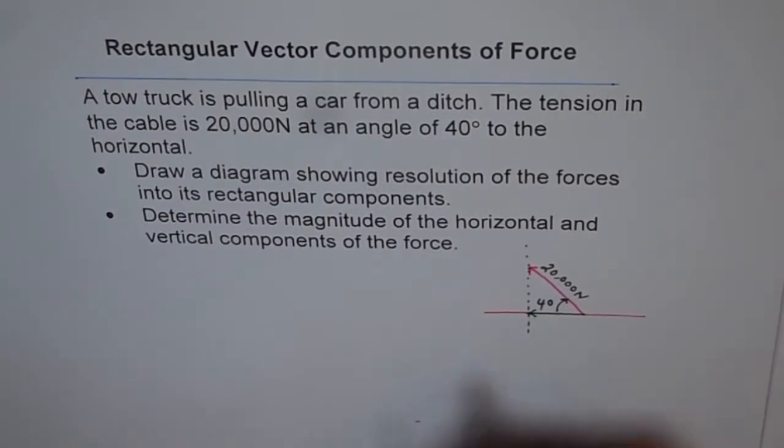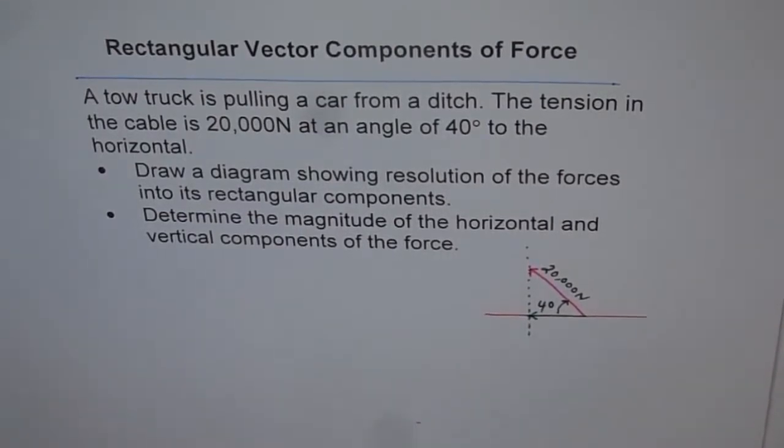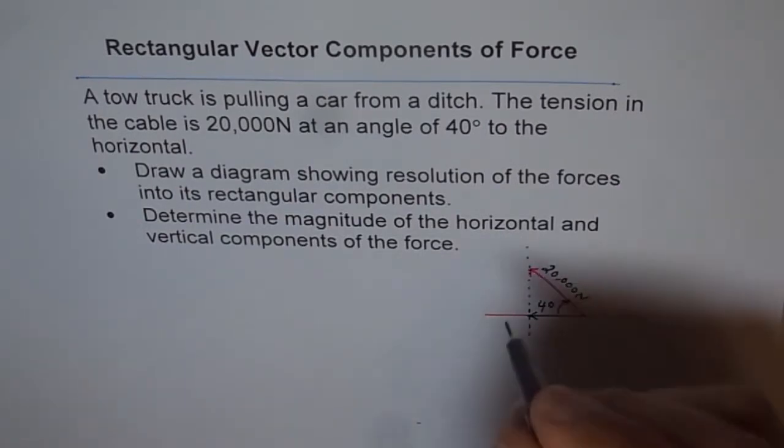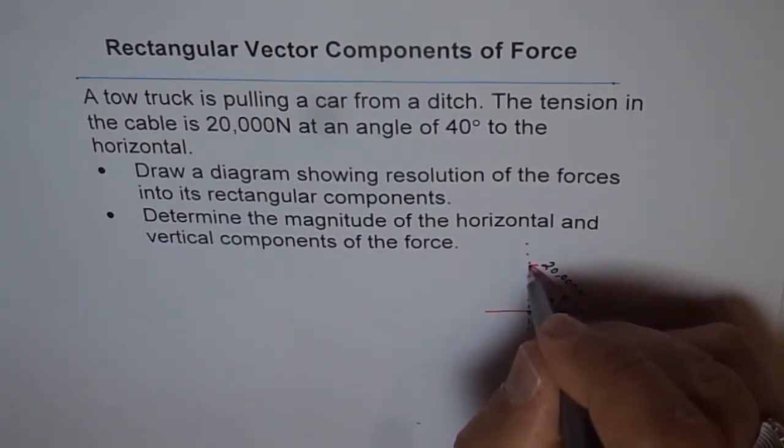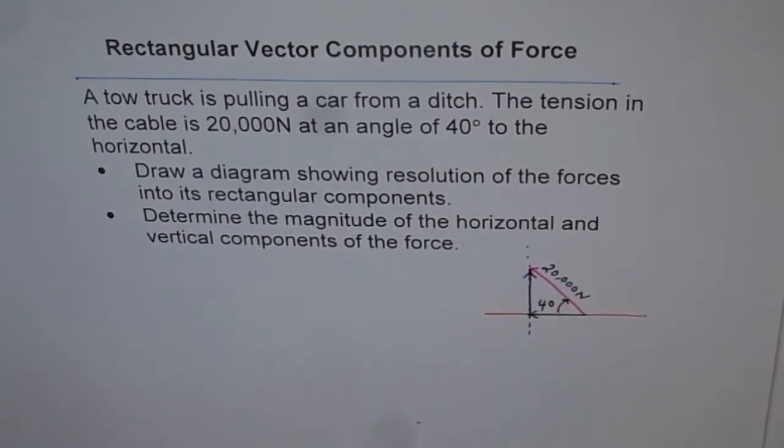So that is how you get the horizontal component. And the vertical component, when added to this horizontal component, gives you the original tension of the cable, the original force. Do you see? So that's the way to draw the vector diagram in this situation.